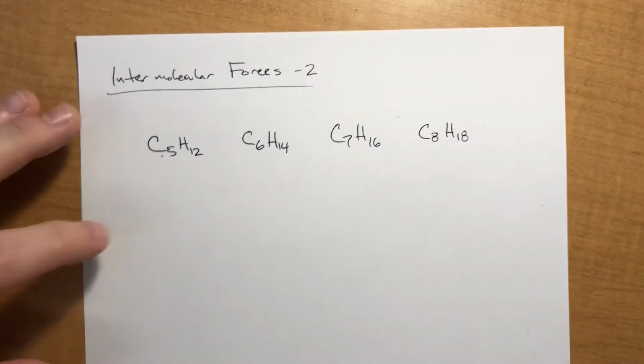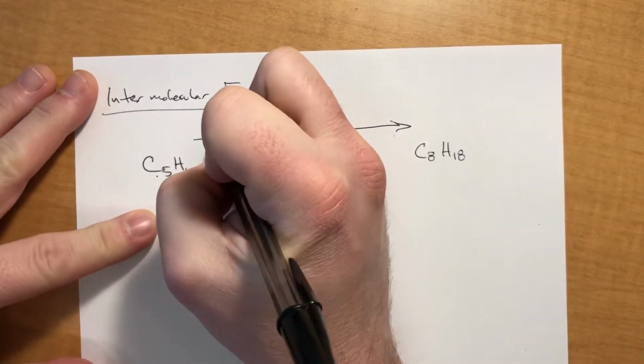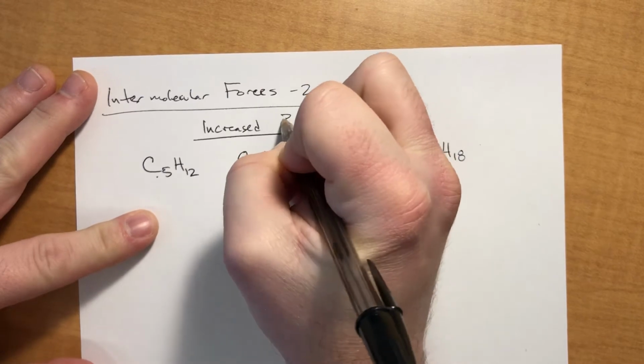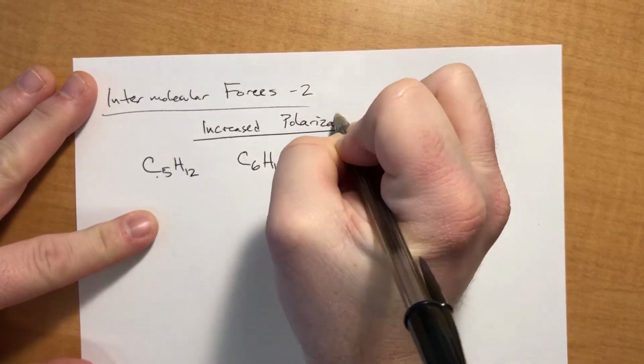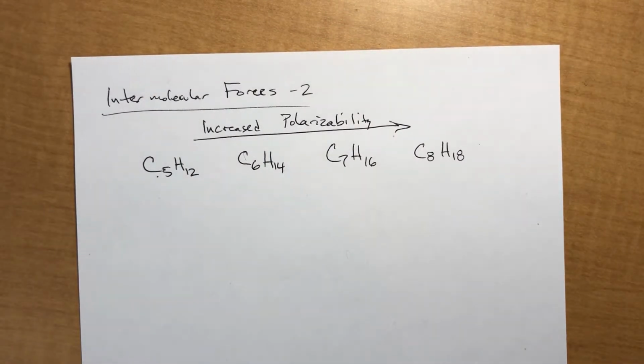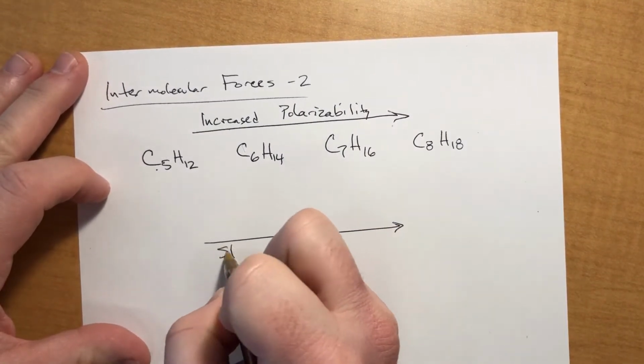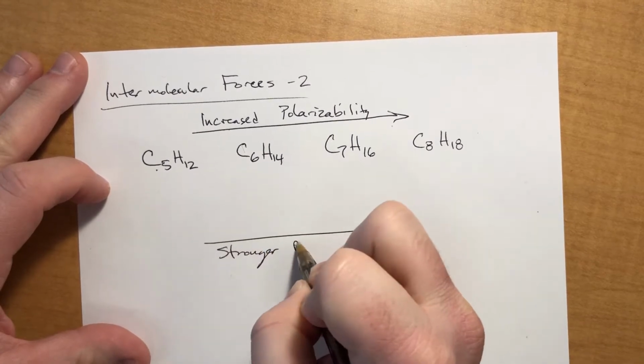So because these keep getting bigger, we would expect an increased polarizability. The other consequence is that we would expect stronger dispersion forces as we go to the right because they're bigger.